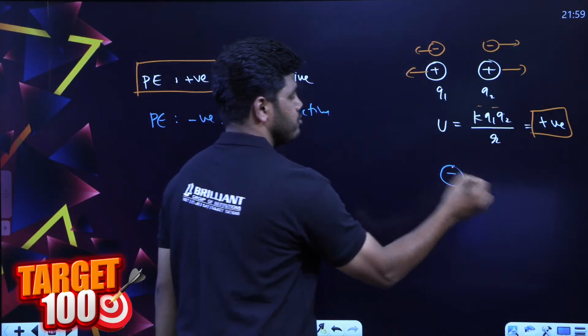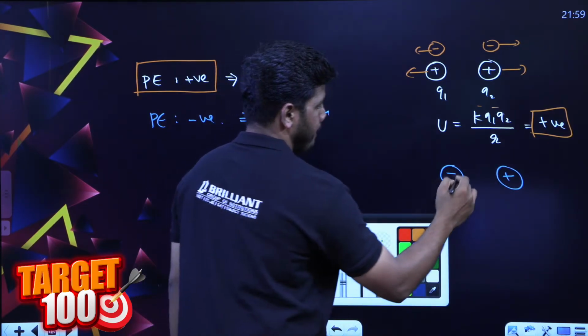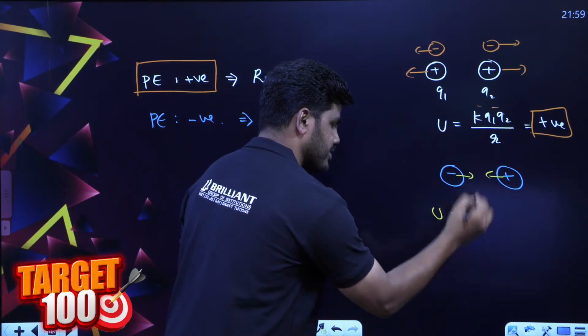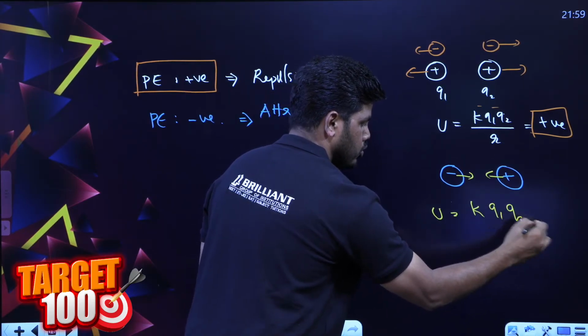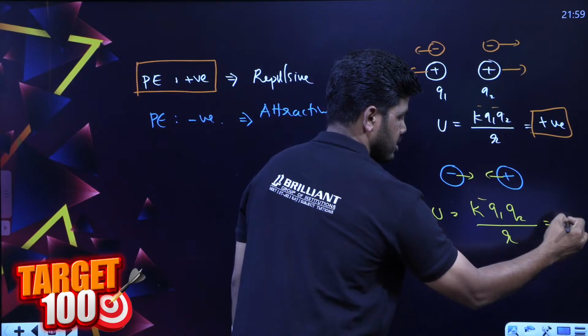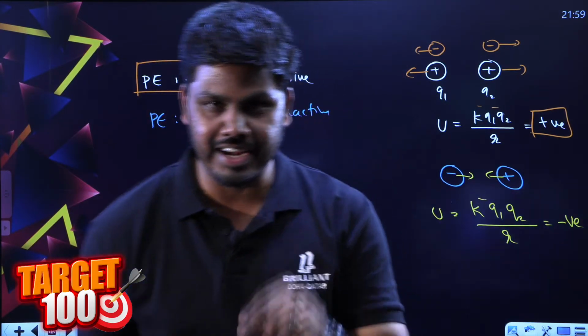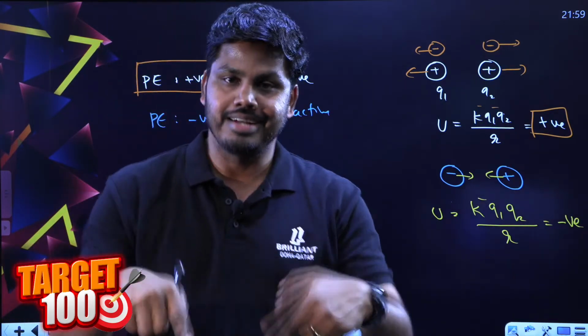If you have one negative charge and one positive charge, what type of force will be acting between them? Attractive force, mutual attraction. And if you find the potential energy of this system, U equals K Q1 Q2 by R, one of the charges is negative, so your potential energy will be negative. So whenever potential energy is negative, remember, the force operating in that system is attractive.